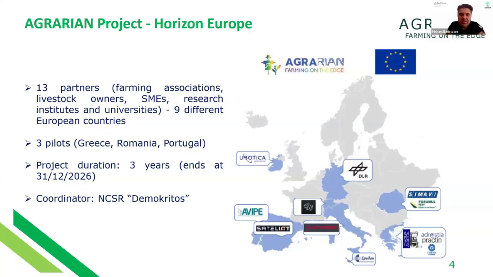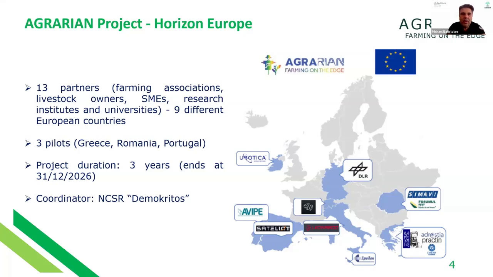Agrarian is a Horizon Europe project that develops tools and systems for the agricultural sector. We are 13 partners. We have 3 pilots: Greece, Romania, and Portugal.